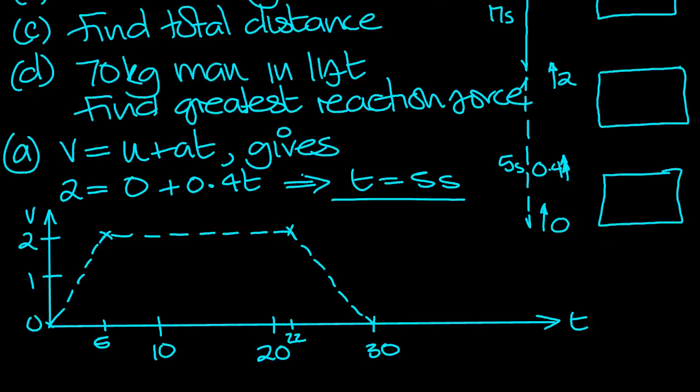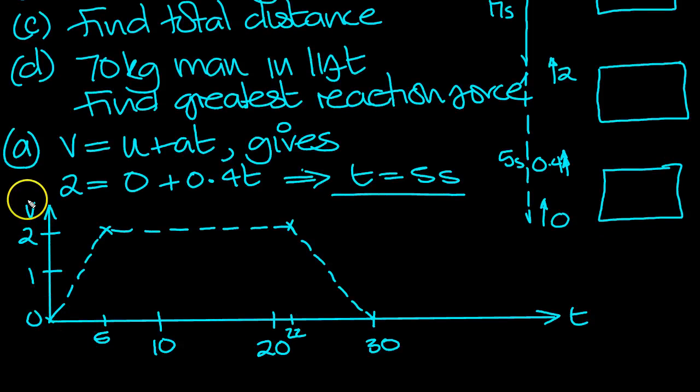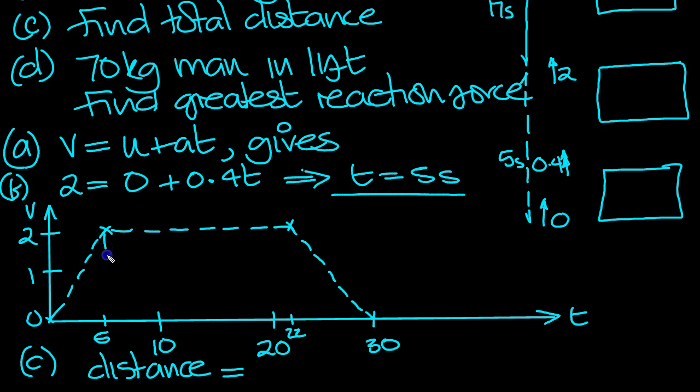Find the total distance. So this is part B. Part C, the total distance is equal to the area. If you look at this, you've got this area, and this area here. So the first area, A1, plus A2, plus A3.